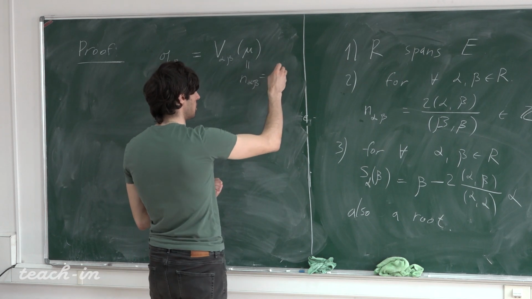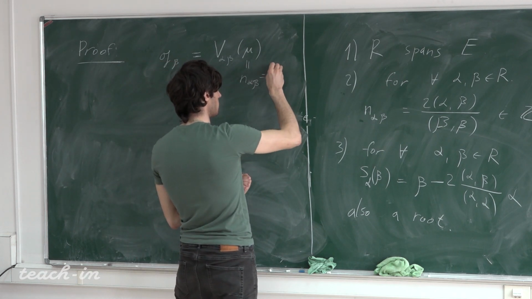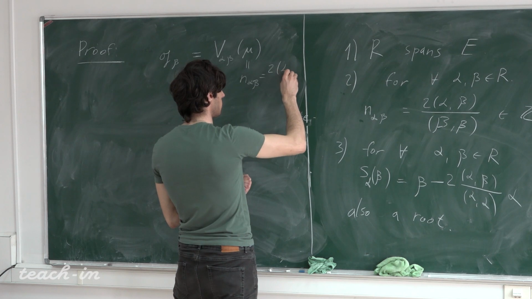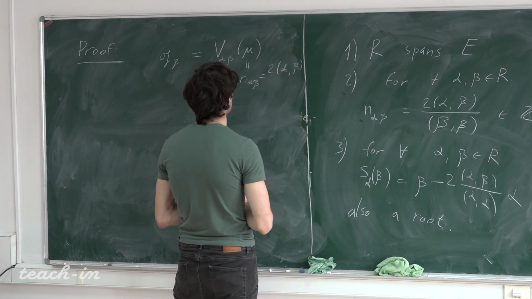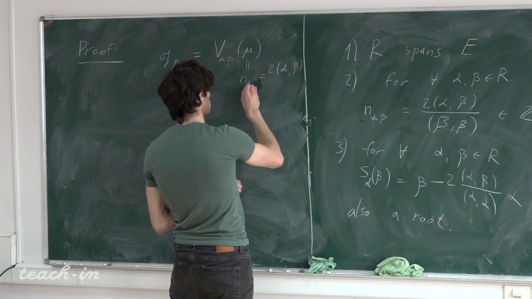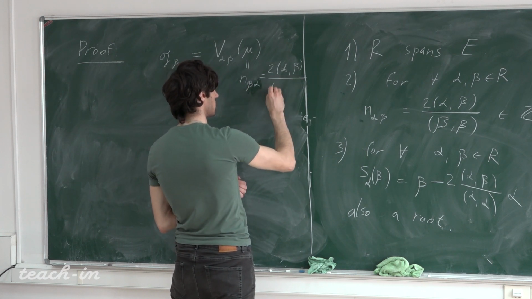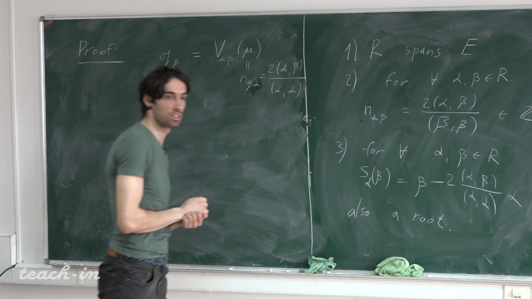That's what we had, 2 alpha beta. Only the other way around was beta alpha, in our notation, like this.